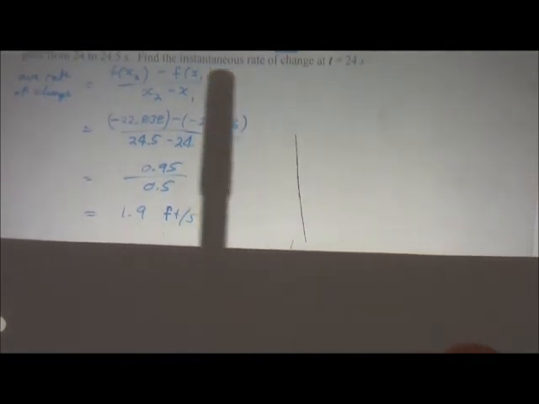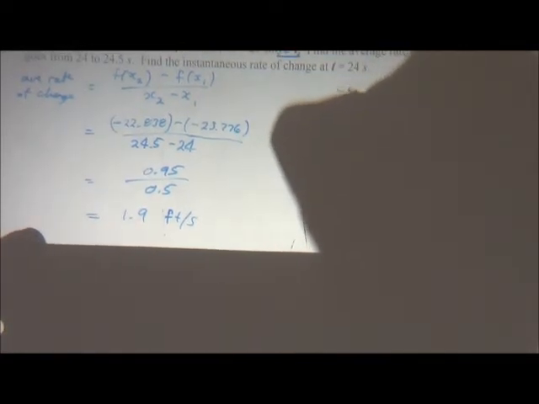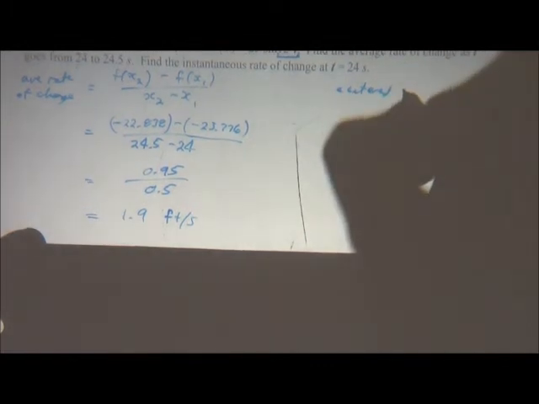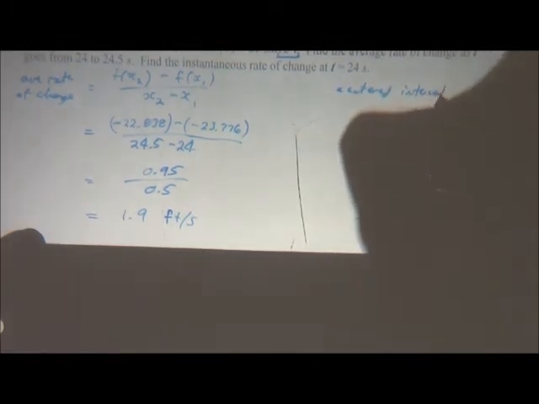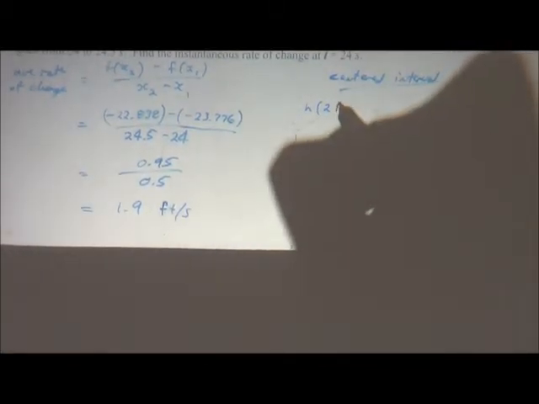Okay, so if we do the centered interval technique in this case, we already have h of 24 and h of 24.5, so let's do 23.5.